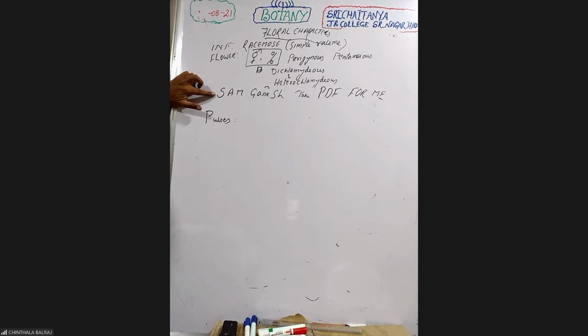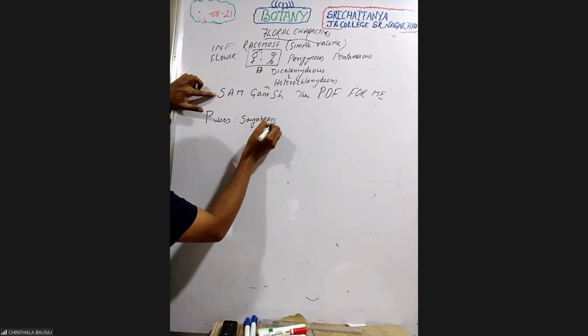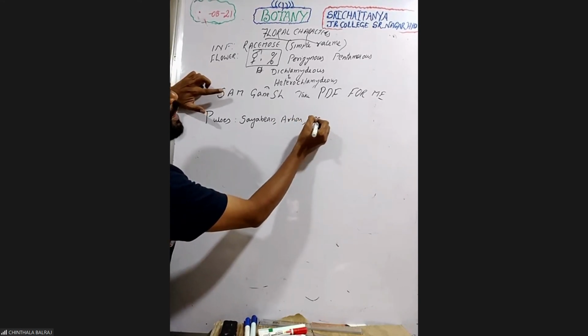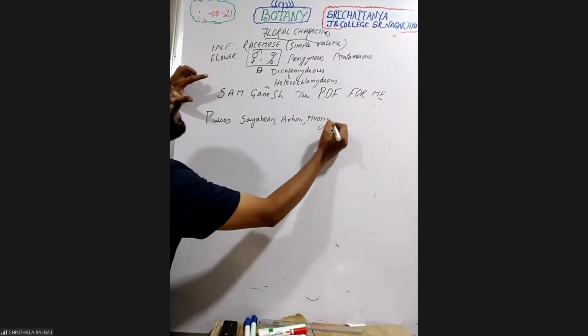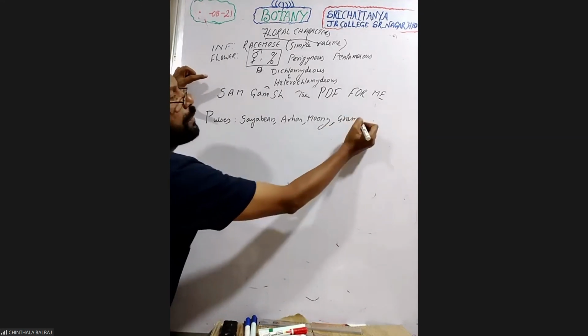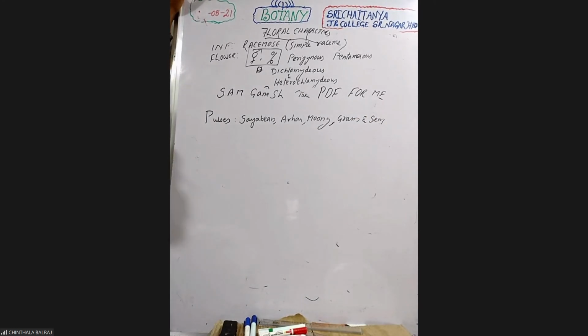In your books it's given soya bean, A for arhar, M for moong dal, G for gram, S for soya. These are the pulses, in your NCERT book. That's why I told you to open your books.